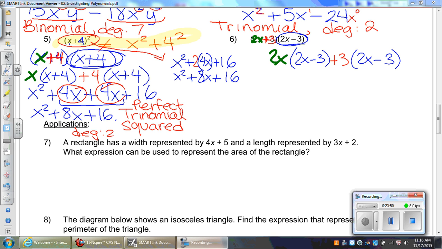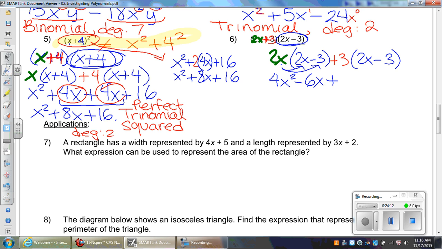Ashley, what do you get from distributing 2x here and here? 4x squared. Positive or negative? Negative 6x. All right, very good. Alyssa, with the 3?